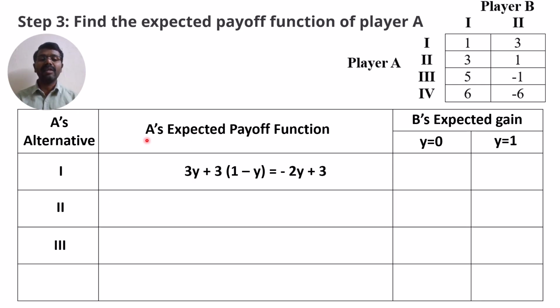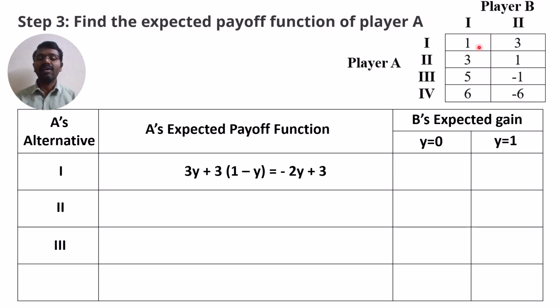B's expected payoff function will be as follows. If player A plays only the first strategy, the expected gain of B will be 1 into y.